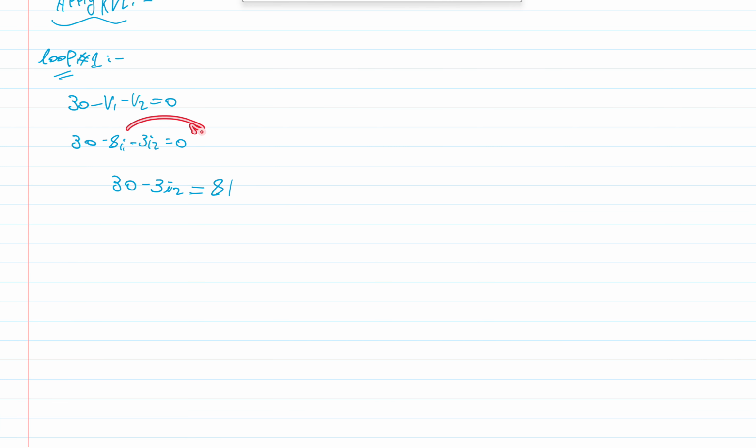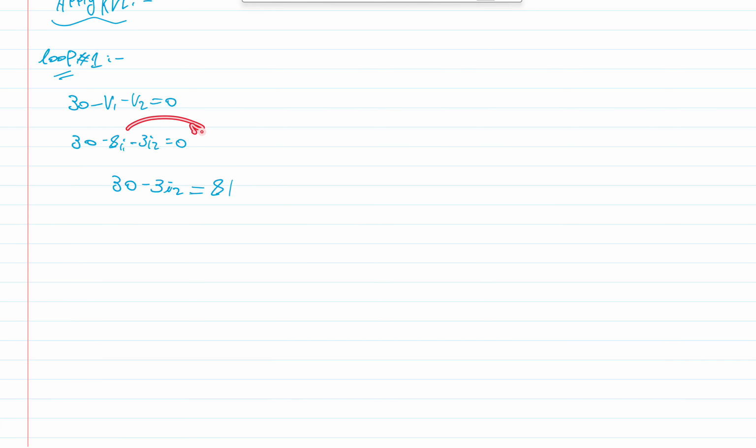All right. For loop 2, what we are going to do is apply the same rule here. So V2, so positive, negative to positive. So positive V2, and for the other loop, positive to negative. So negative V3.